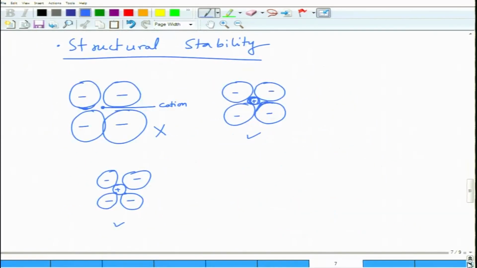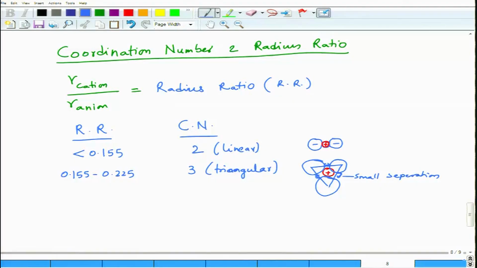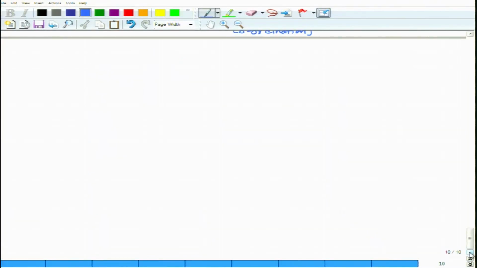But all of this cannot be possible without following these rules, because if the cation is very small, anion is very large, then obviously anions and cations will not touch each other if you have too many anions surrounding a cation. So, depending upon the size, there is a certain limitation on the maximum number of neighbors that one atom can have. As a result, these structures follow these rules.